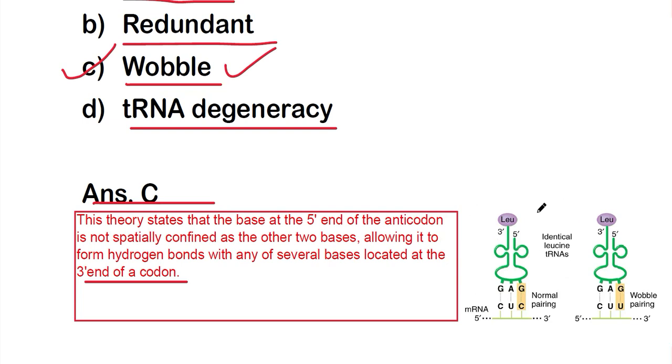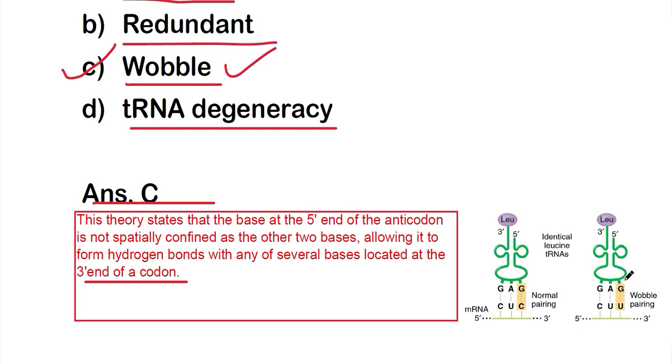Like this is a normal pairing, where this is the anticodon and this is the codon. So this pairing is G-C, A-U, and G-C. But here you can see this G from the anticodon can bind with U. This is not an ideal binding.